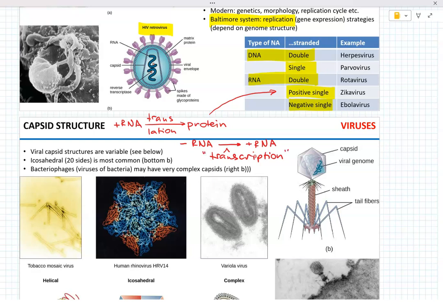I'm going to put it in parentheses because it's not really transcription. You see what I'm trying to say? It's not really double-stranded DNA into RNA, but you kind of get this mRNA that can be used for protein synthesis. Does that make sense, the difference between the two? So negative-stranded RNA viruses have to convert the negative-stranded RNA to positive-stranded RNA following the complementarity principle.